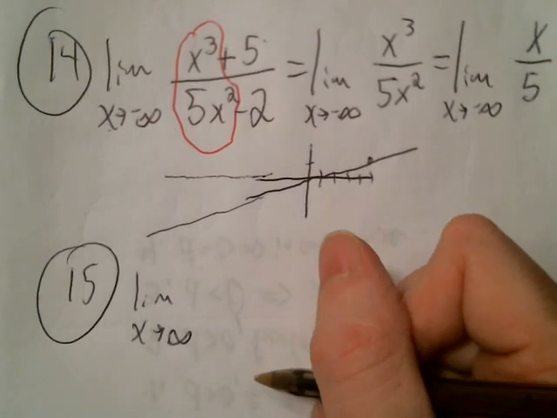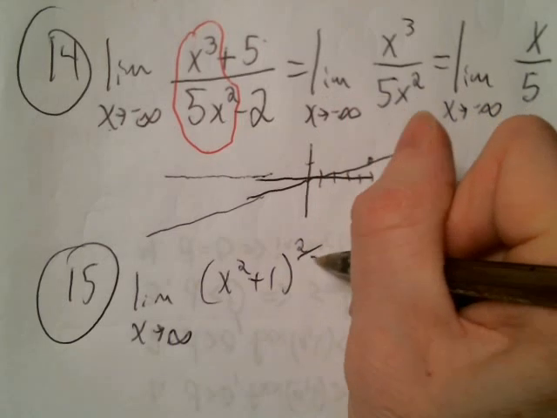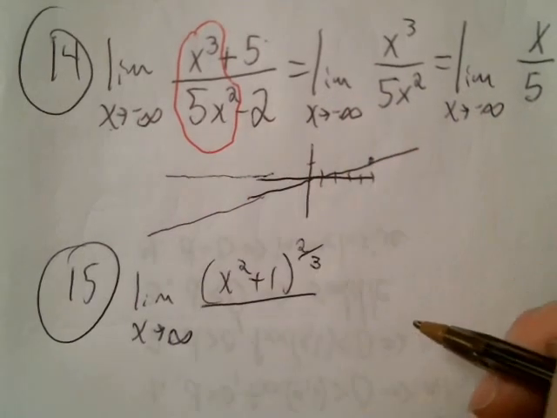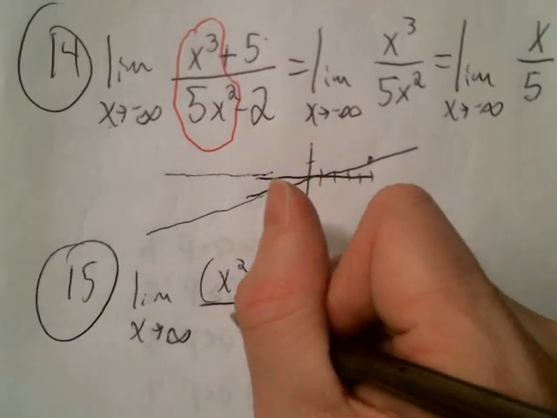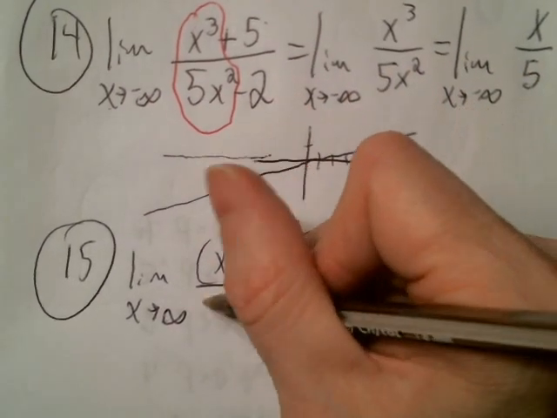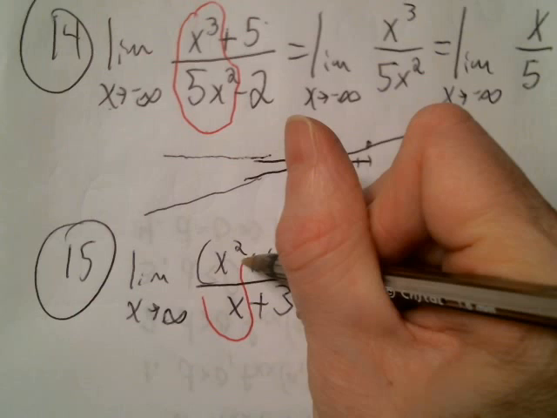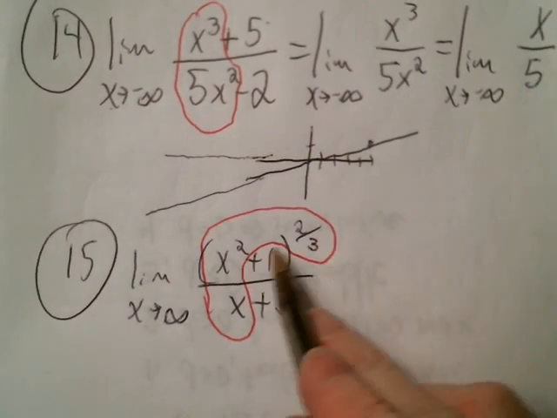Okay, 15, limit as x goes to infinity of x squared plus 1 to the 2/3 all over, that's an x. Yeah, x plus 3. Okay, so again, I just look at the high degree terms, and I need to kind of borrow the exponent for that, because that exponent does apply to this.